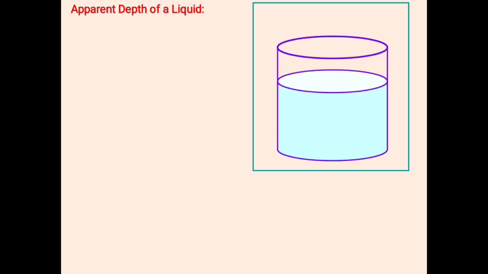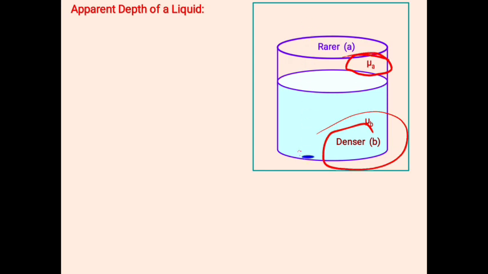Apparent depth of a liquid. This apparent depth is very important for calculation purposes. Here there is a rarer medium and here a denser medium. The denser medium is a liquid, and we don't know which type of liquid.